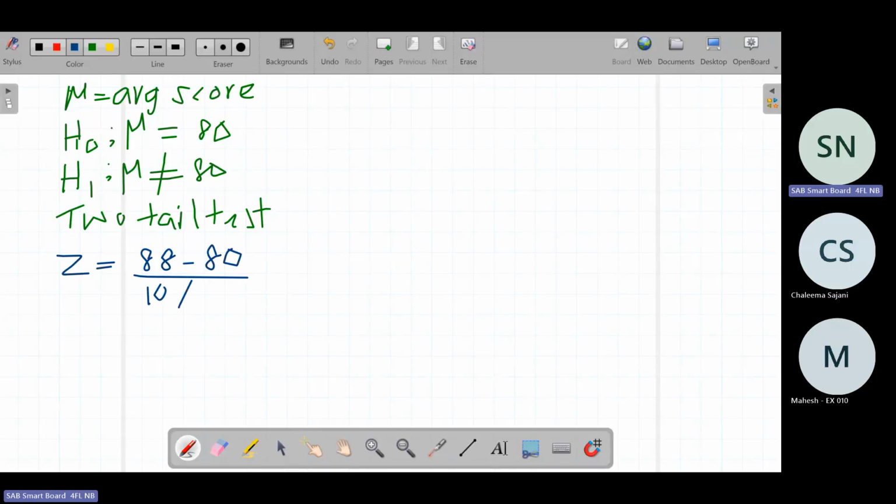Divided by square root of 38. That gives 4.93. Then you can draw the normal curve.